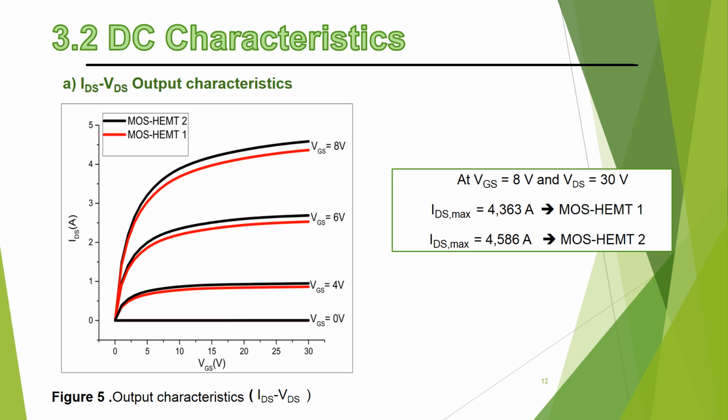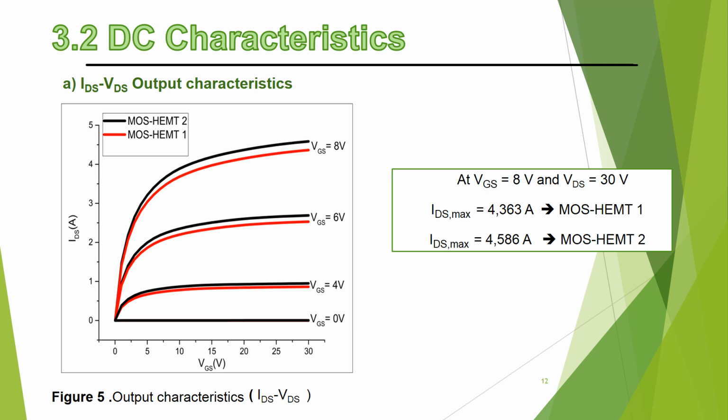The second type of results is the DC or static characteristics. First, we have the output characteristics. Figure 5 presents the drain current IDS versus drain source voltage VDS of both transistors, with single barrier and double barrier, for different values of gate source voltage.